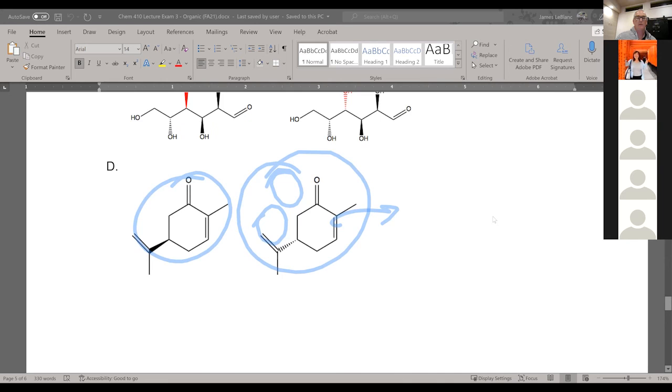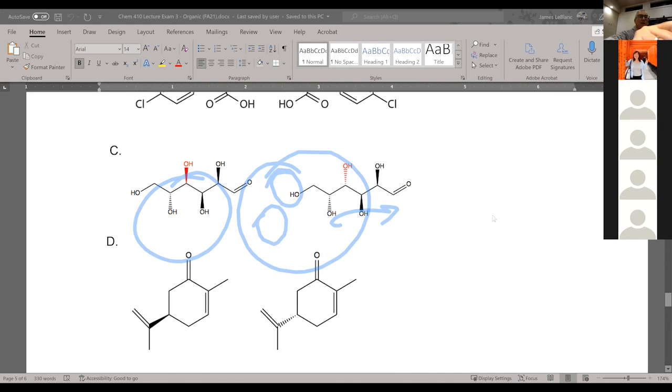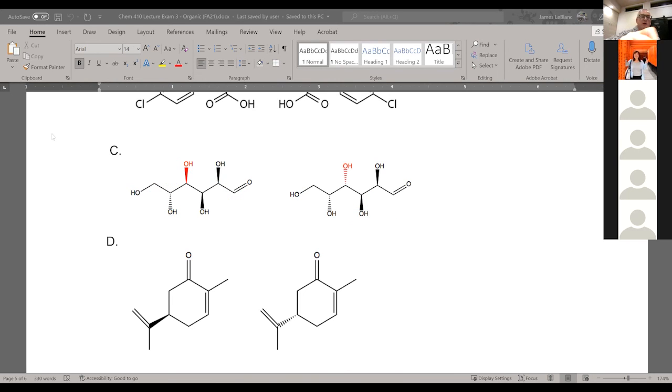On the other hand, if I rotate this one, what I get now looks the same.